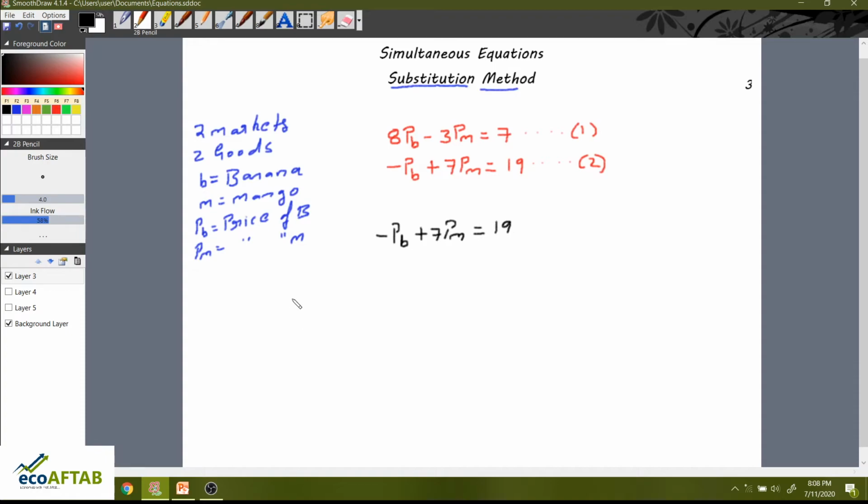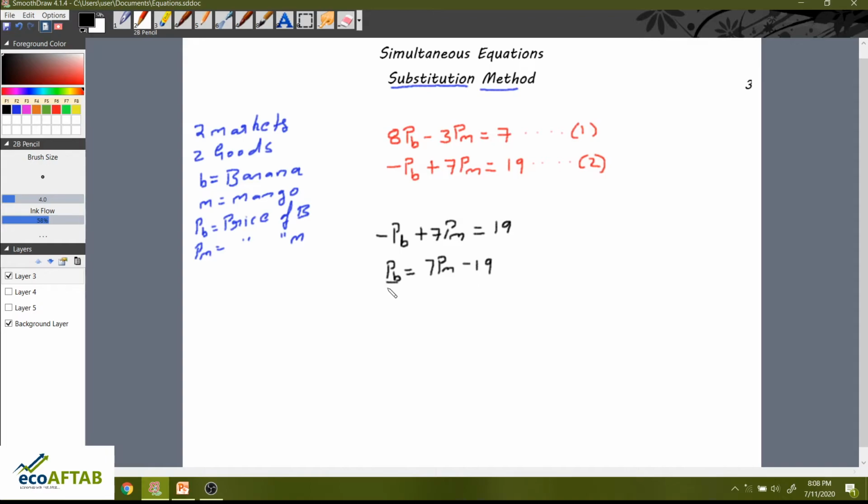So here I will solve it for PB. Taking PB outside, minus PB becomes plus PB. So PB is equal to 7PM minus 19. So we have solved for PB.